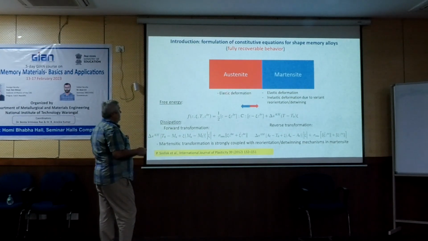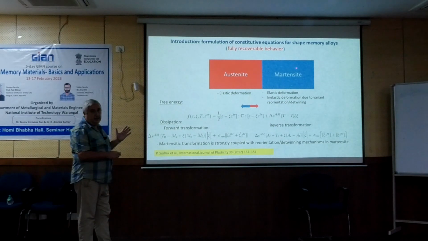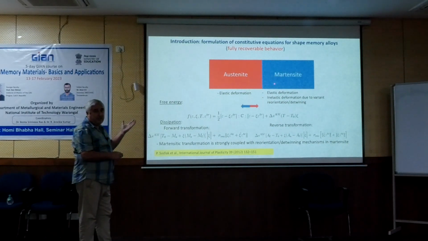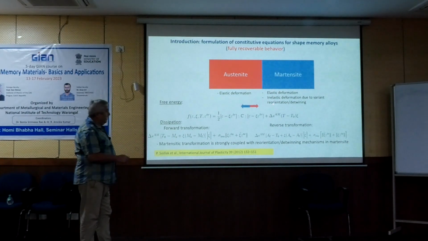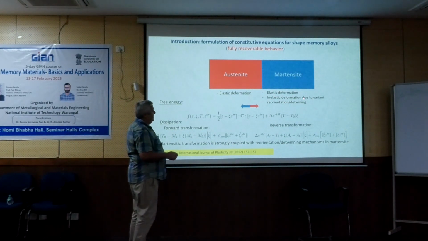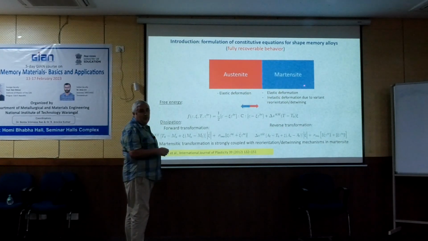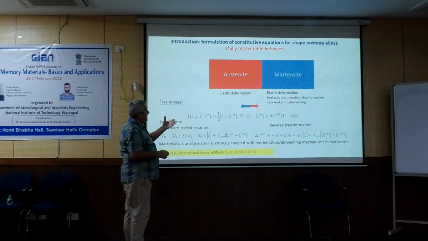Inside the austenite, it is only elastic deformation, nothing else. It can deform elastically or transform to martensite. In the martensite, you have elastic deformation, but you also have these variants, so you have reorientation. Reorientation means a deformation mechanism inside the martensite.